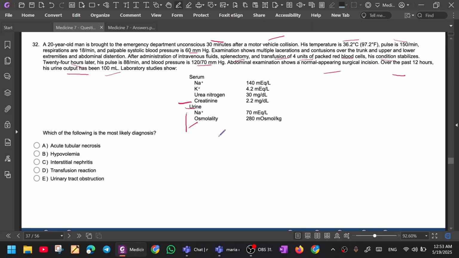Urine sodium and urine osmolarity go with pre-renal and renal, isn't it?